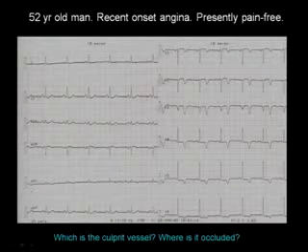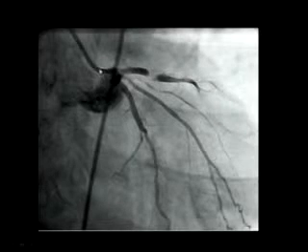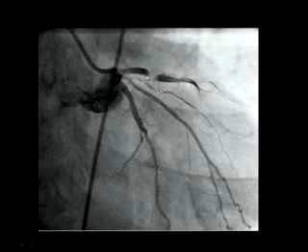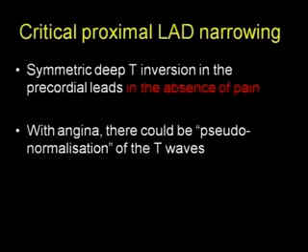Paradoxically, when this patient has pain, the T waves become positive, and when the pain disappears, the T waves invert. In this particular patient, the angiogram showed a near total occlusion of the proximal left anterior descending artery. So remember this pattern, and remember that you could have during pain a nearly normal looking ECG.